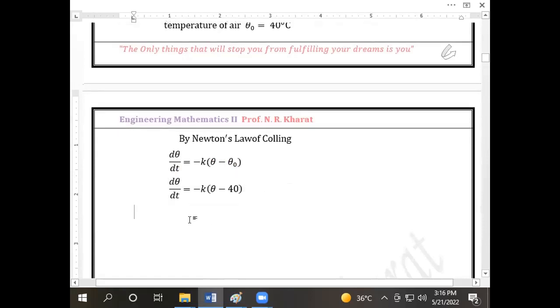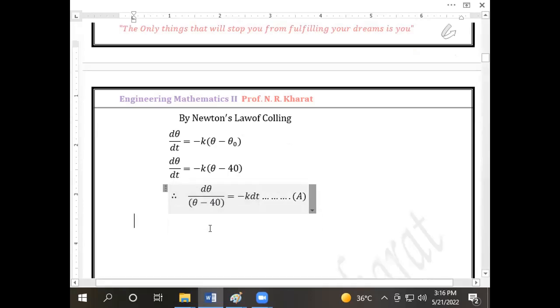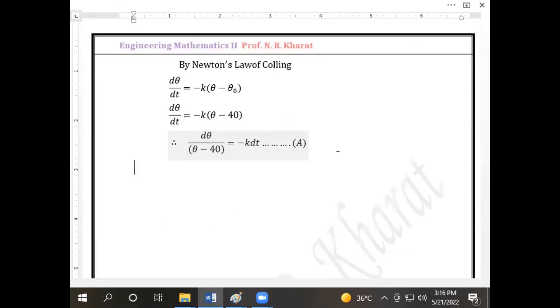We have to find the temperature of the body at 40 minutes. For that, we reduce this differential equation into variable separable form. The variable separable form is d theta upon theta minus 40 equals minus k dt. This is equation number one. Now we apply the first two conditions to this differential equation in variable separable form.